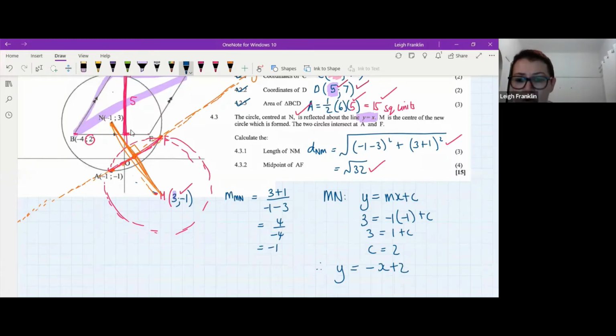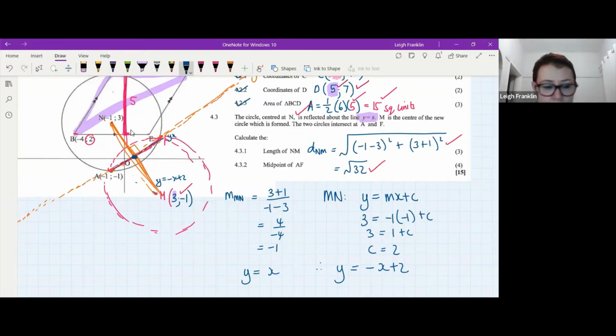So now y equals negative x plus 2 and the line y equals x intersect over here at the midpoint. So here is the line y equals x, and we've just worked out the equation of line NM, the line y equals minus x plus 2. At this point, they would be equal to one another. So what we can do now is solve simultaneously.